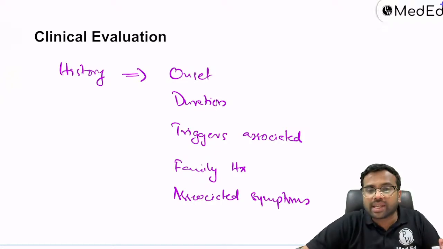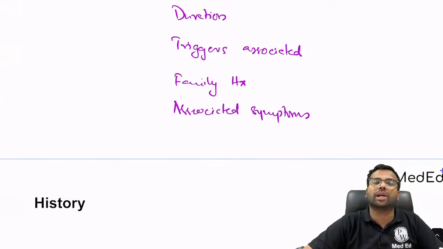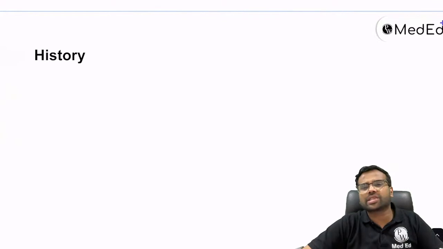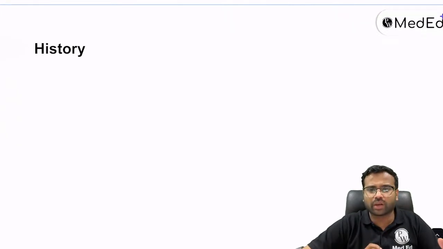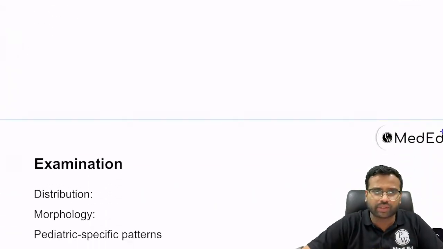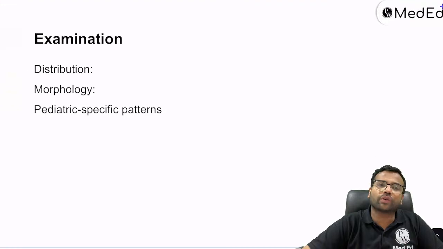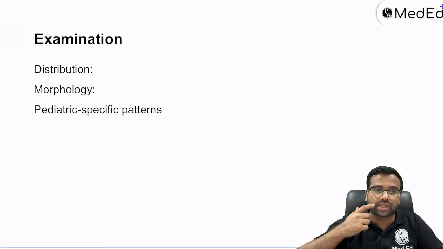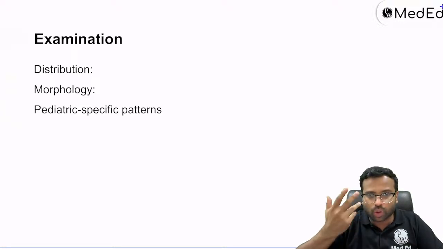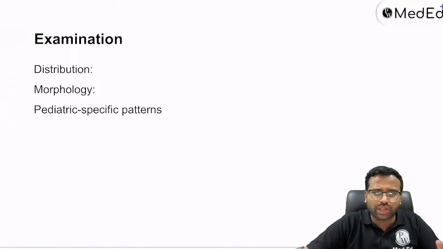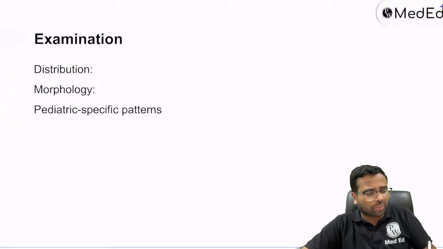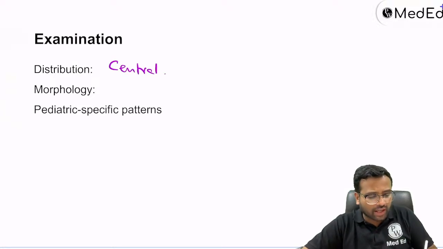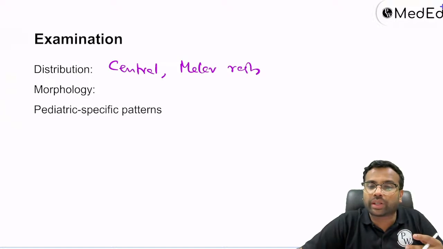So now let us jump and see multiple images. In the history and all, you all know what are the things that we are going to ask. But now we also will look for the distribution, like whether it is present over the cheeks area or is it present throughout the face, etc. Sometimes some rashes can be only central, some can be malar rash, isn't it? So it can be different kinds.